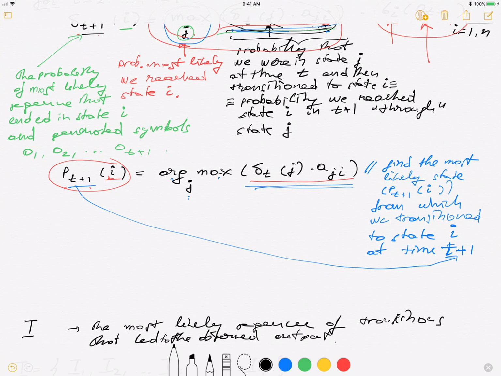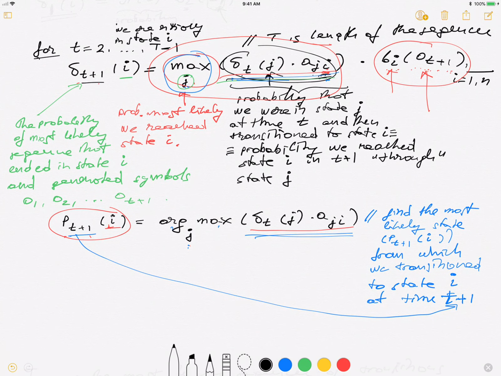How will I calculate this most likely sequence? At this moment my for loop will finish, right? For each t from 2 to big T minus 1, I will calculate deltas and p's. After that, the for loop is finished. First I will calculate I large T. In fact, we've already seen this.